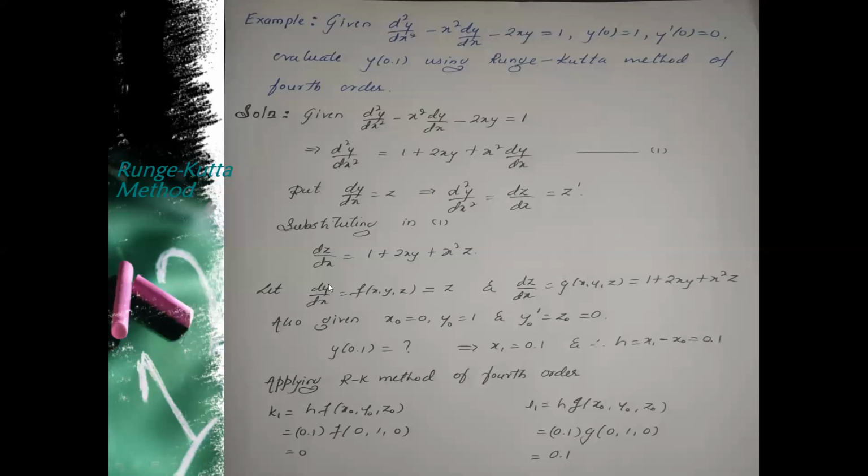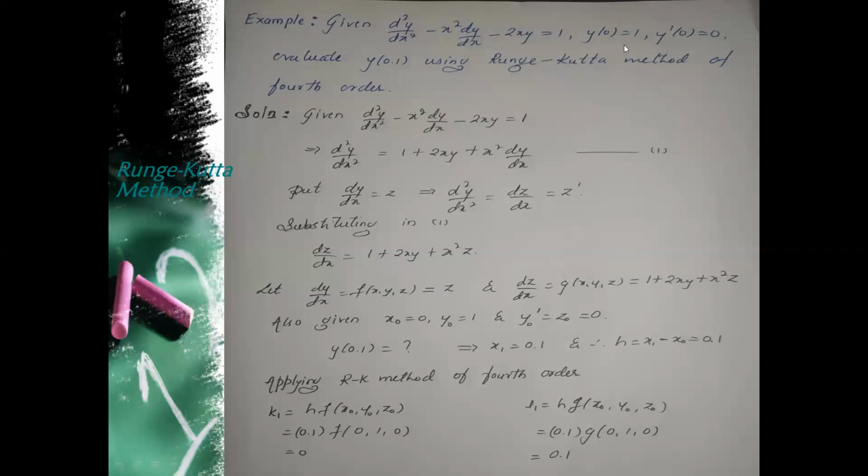So let us call one of the functions, that is dy by dx, whatever we have substituted as z, as a function f, and let us call the given equation, that is this d2y by dx square, we have got it as dz by dx, so that we will call it as g of xyz, and it is equal to 1 plus 2xy plus x square z. Now we are having two ordinary differential equations. Now applying our RK method.